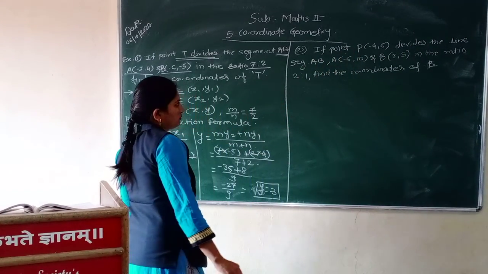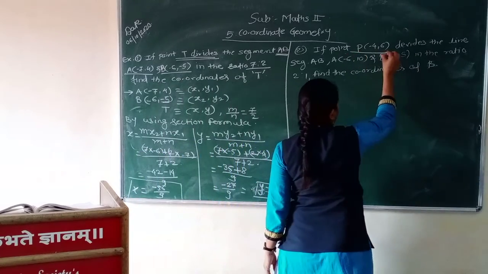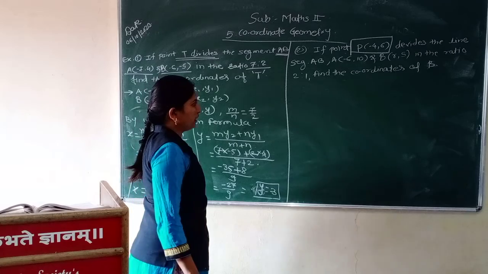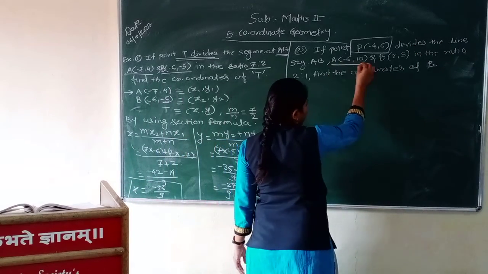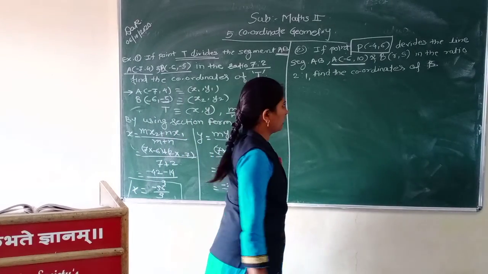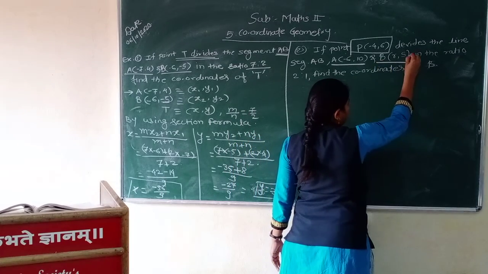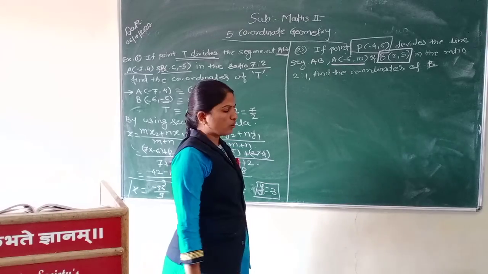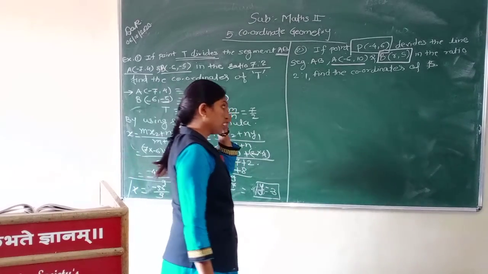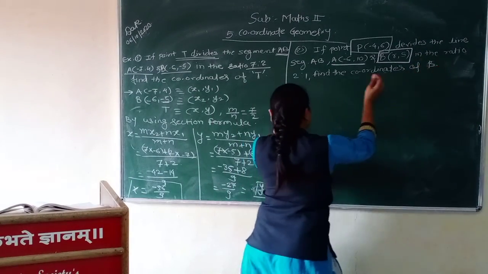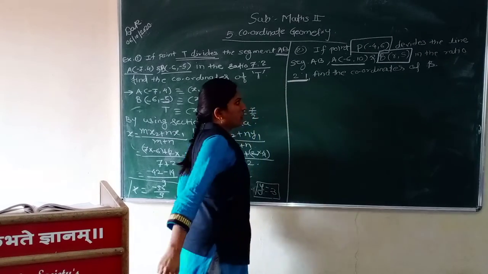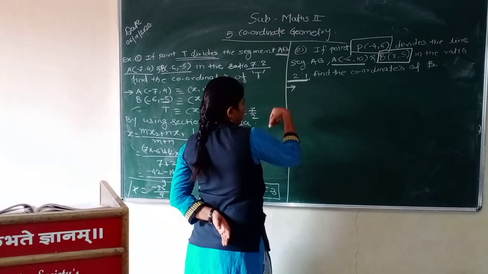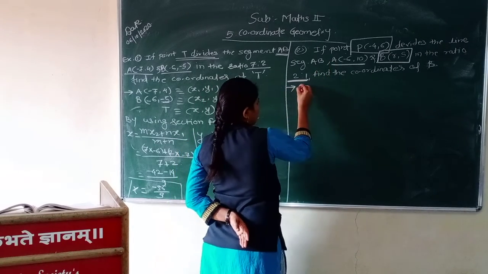if point P divides the line segment AB, find B, where A is (-6, 10), B is (r, s), meaning coordinates not given, in the ratio 2:1. Find the coordinates of B. Write down firstly the given terms.